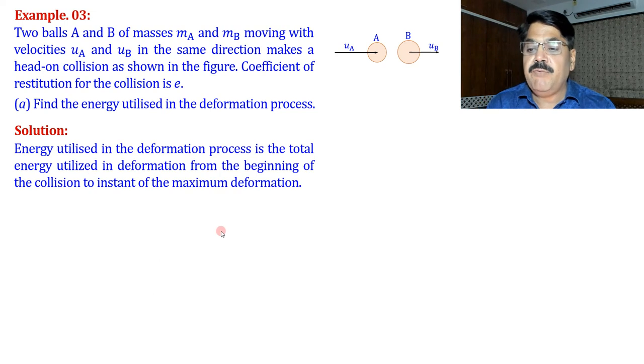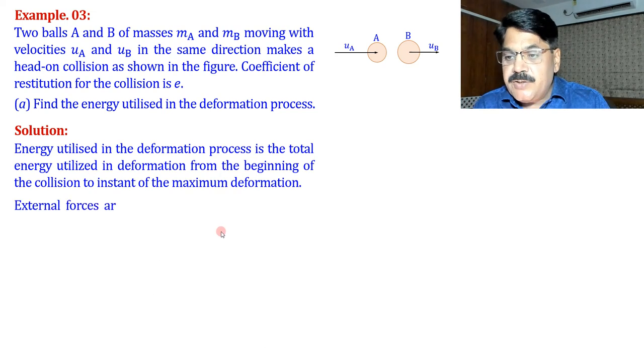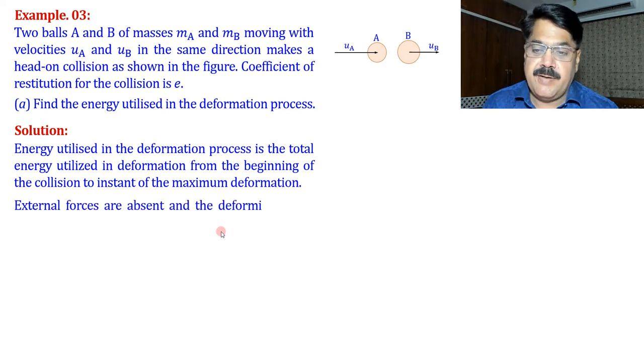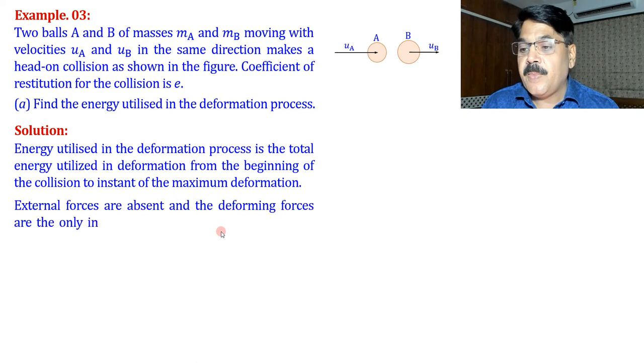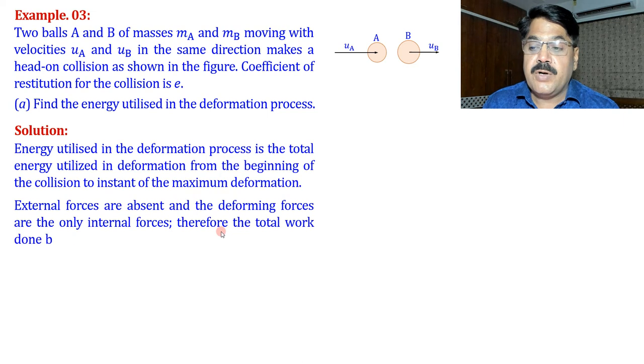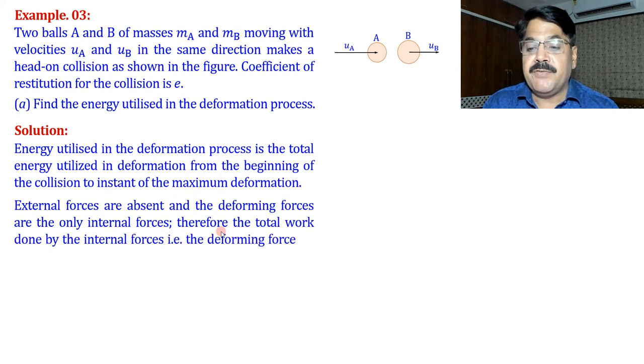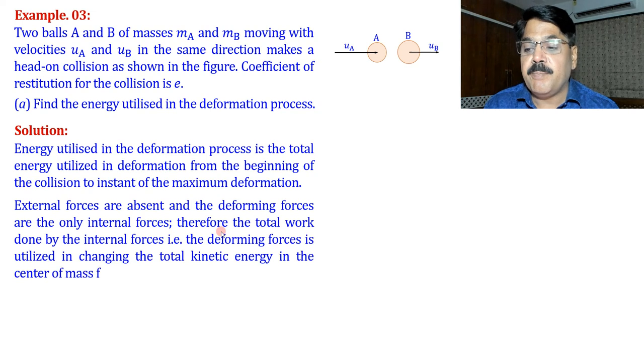So let us see how we can calculate it. External forces are absent and the deforming forces are the only internal forces. Therefore, the total work done by the internal forces, that is the deforming forces, is utilized in changing the total kinetic energy in the center of mass frame.